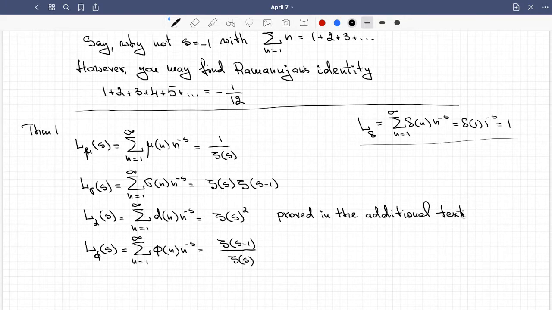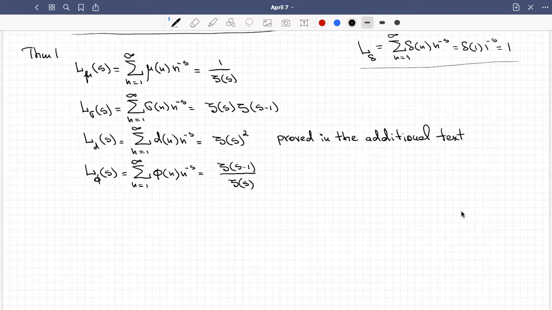Let me now show you something simpler so you get warmed up and get ready, if you want to do that, to read the proof and the additional text about this identity.